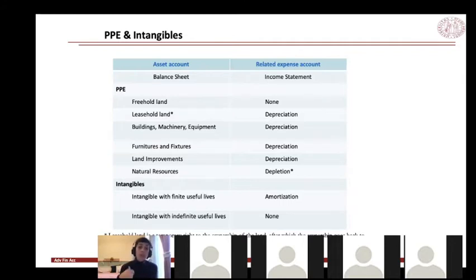Natural resources, we say that we use depletion, which is a different word, but the process is exactly like the depreciation system, except that the word is depletion. And then we have the intangibles that are divided into intangibles with a finite useful life that need to be amortized, and intangibles with indefinite useful lives that do not require any amortization.